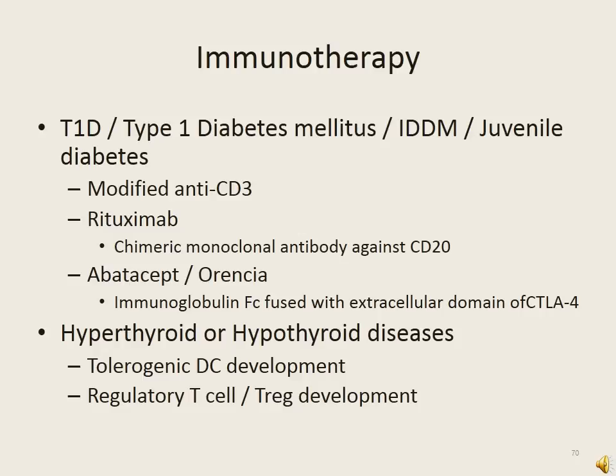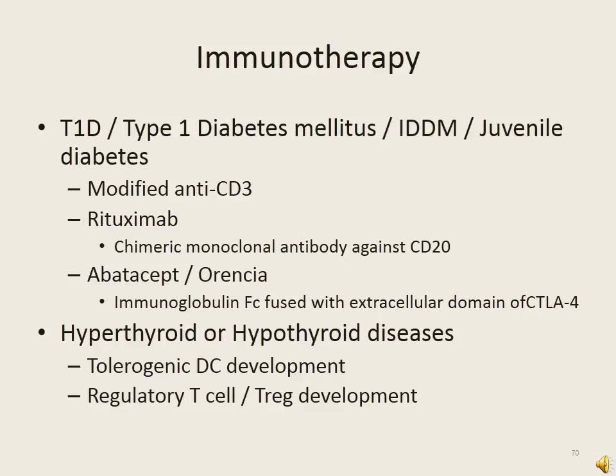Or there is the drug called abatacept, or Orencia, which is an Fc immunoglobulin fused with the extracellular domain of CTLA4. So this component will block the activity of T cells.